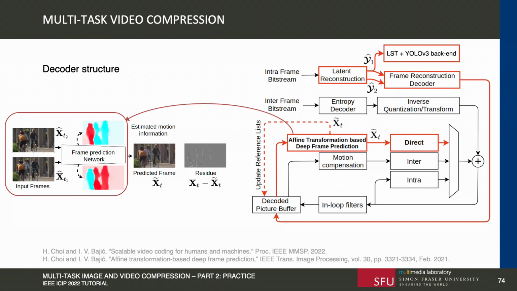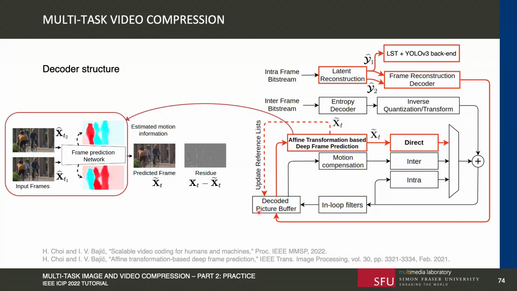So the structure of the decoder is shown here on the right, and most of the coding loop comes from the HEVC pipeline, but this pipeline has been extended using affine transformation-based deep frame prediction here that basically takes two decoded reference frames and predicts another frame, which can then be used either directly as a prediction of the current coded frame without any further motion information, or it can be used as a virtual reference frame in the decoded picture buffer.